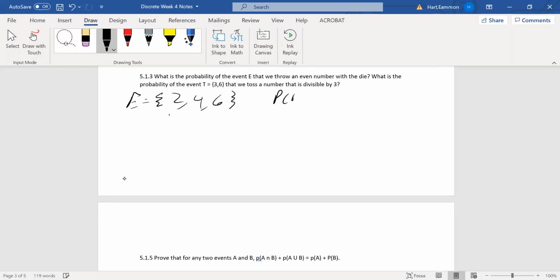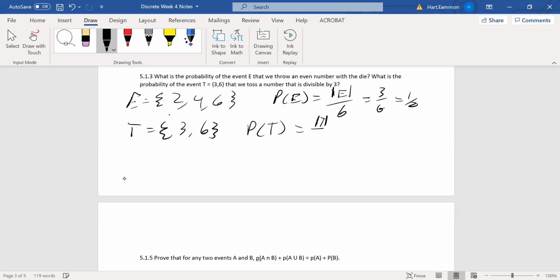So the probability of E is the cardinality of E divided by the cardinality of omega, which is 6. That's 3 over 6, which we normally write as 1/2. If I'm looking at the probability of a multiple of 3 coming up, then P of T is equal to the cardinality of T divided by 6, which is 2 over 6, which we normally write as 1/3. So pretty straightforward there.